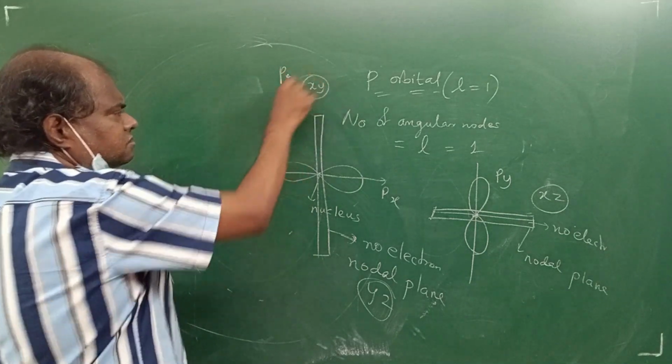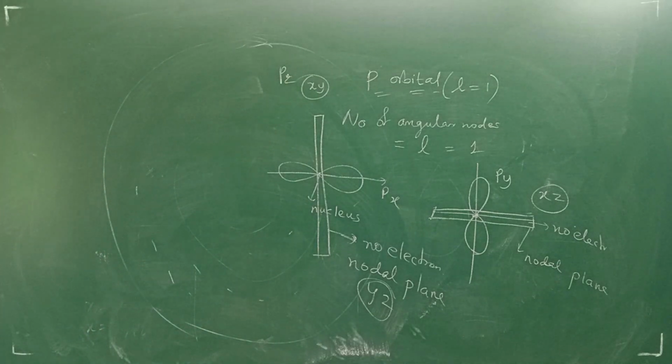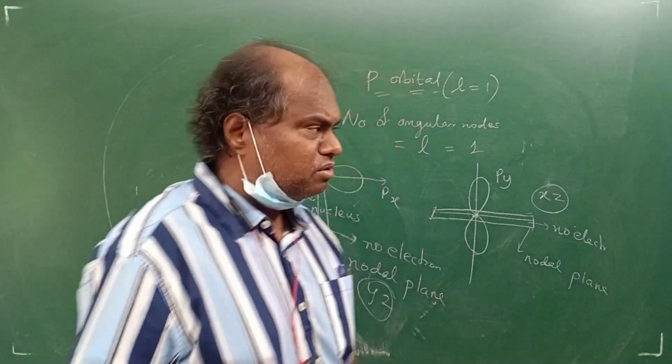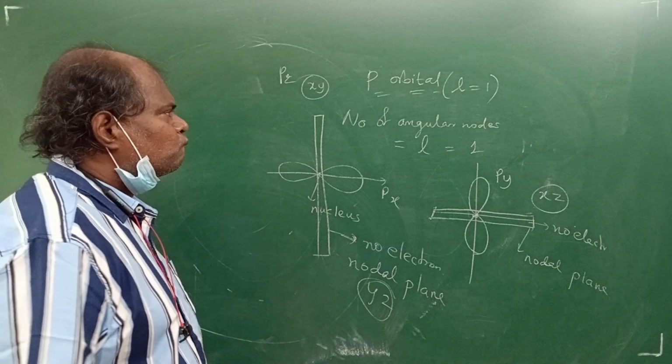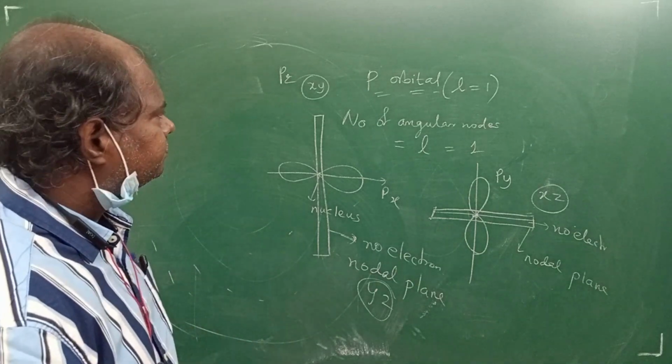XY plane. Please note this down. For pz, you will get the xy plane. So you will get one nodal plane for p orbital, right?